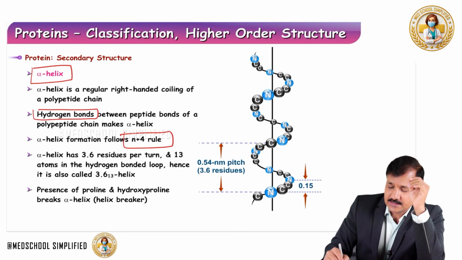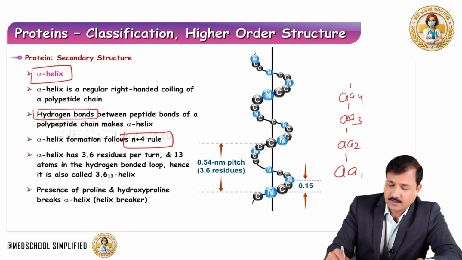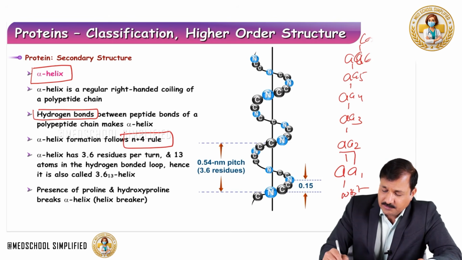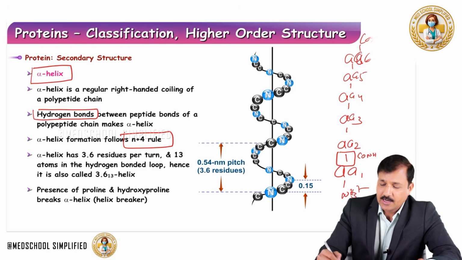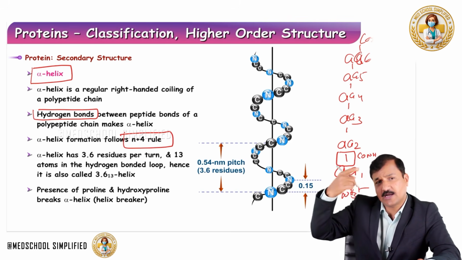Say it will be like this: amino acid 1, amino acid 2, amino acid 3, amino acid 4, and then amino acid 5, amino acid 6, like that, and then I'll write it as CO minus, and this is NH3 plus. Okay, now this is the first peptide bond. I'm writing it as CONH, first peptide bond, and now this first peptide bond is going to make a hydrogen bond with the peptide bond which is 4 amino acids ahead of it.